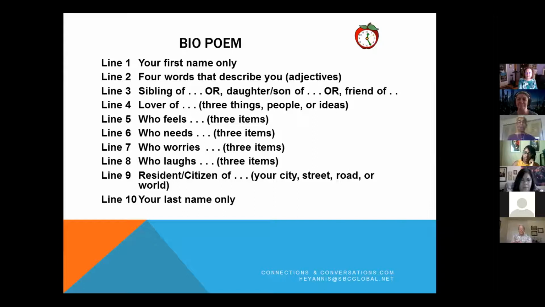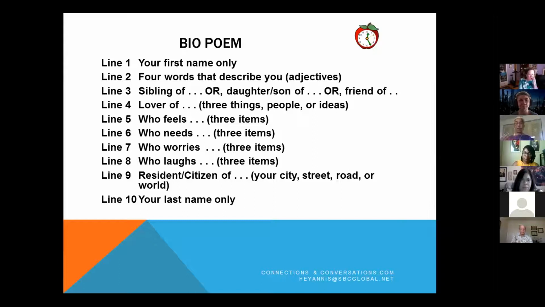Okay, so the next line is the sibling of, or you could put the daughter or son of so-and-so, or you could put friend of so-and-so. Lover of 3 things, people or ideas. So I might put lover of motorcycles, lover of travel, lover of live theater, okay, or whatever. Line 5, who feels.